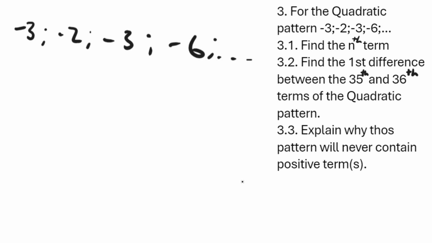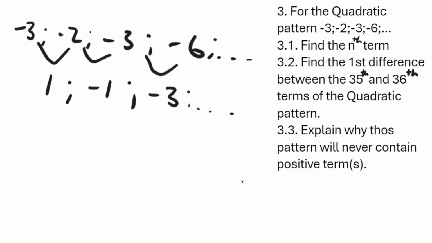Okay, so we say minus 2 minus negative 3, that is minus 2 plus 3, that is just positive 1. Minus 3 minus negative 2, that is minus 3 plus 2, so that is minus 1. And then we have minus 6 plus 3, that is minus 3, and we have this linear pattern going on and so forth.